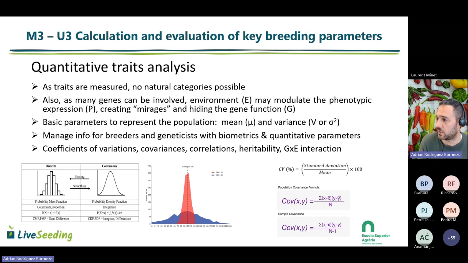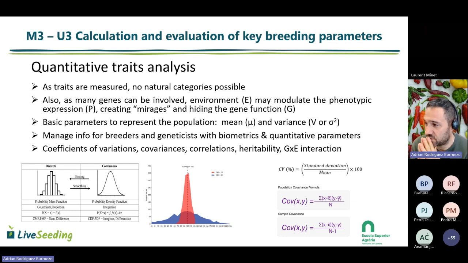How are they studied? Remember that these traits are measured, so no natural categories are possible. And I repeat, as many genes can be involved in their inheritance, the environment may modulate the final phenotypic expression, creating, let's say, mirages and hiding the real gene functions.